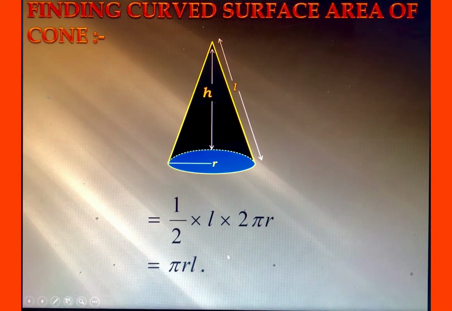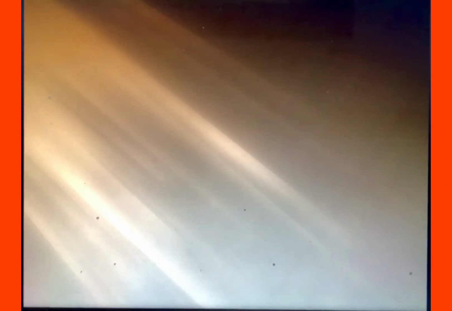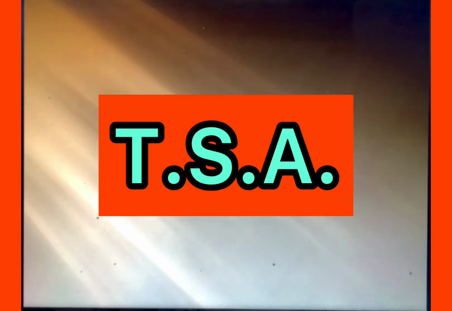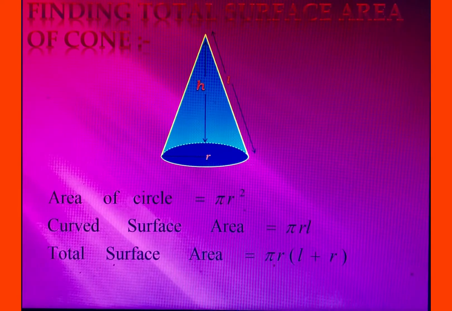So how can we find the total surface area of the cone? Easily we can find, because the base area of the cone is pi r square, because the base is a circle and the area of a circle is pi r square. So pi r square is the base area, and the slant height is l.